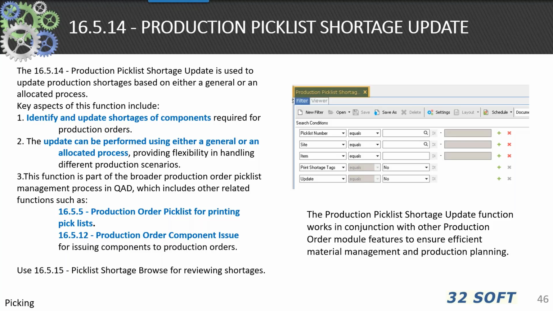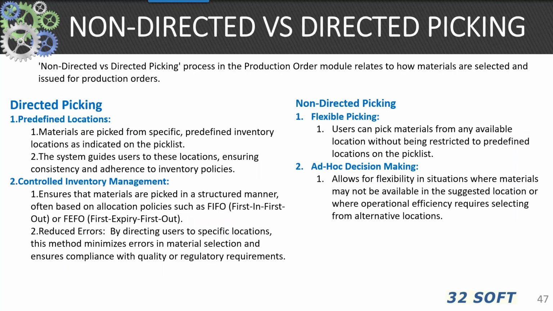The update can be performed using a general or allocated process, thus providing flexibility for handling different production scenarios. The function is part of the broader production order pick list management process, which includes 16.5.5 and 16.5.12. The 16.5.15 pick list shortage browse can be used for reviewing shortages.